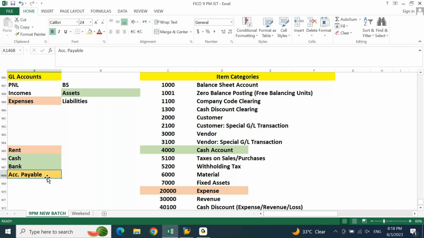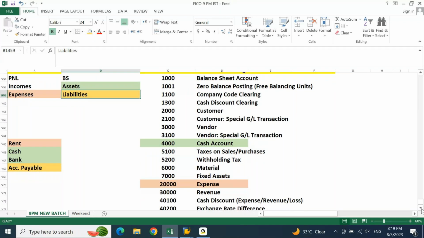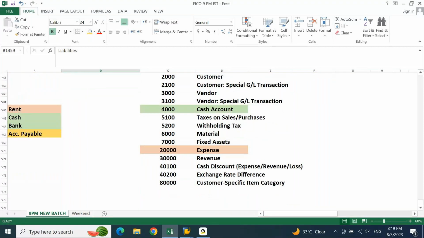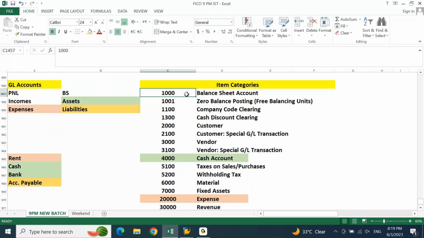Liability is just a group; inside the liability you have different subgroupings such as current liability and other things. Your accounts payable is not related to any specific liability here. You don't have any specific item which represents it. So point number one, you can map it under balance sheet account. Point number two, you have straight away the vendor account. So accounts payable is all about your vendor account.